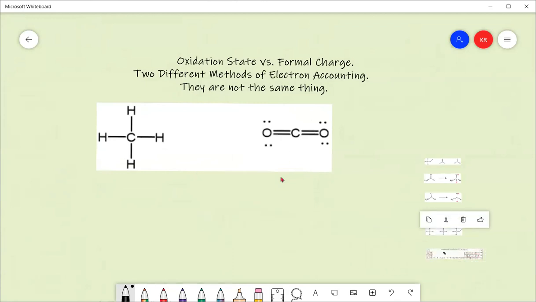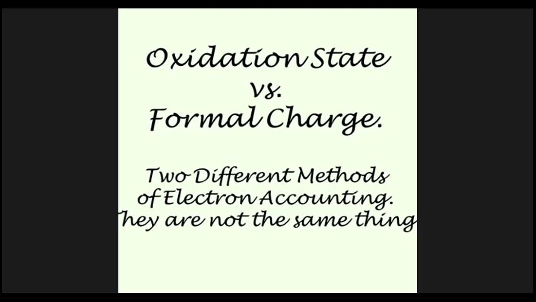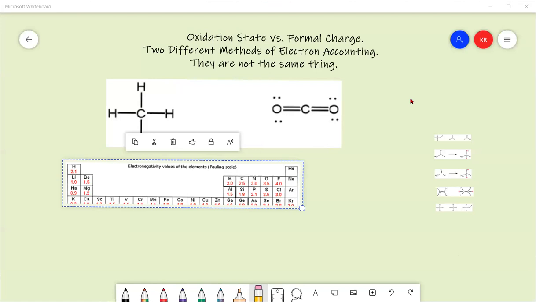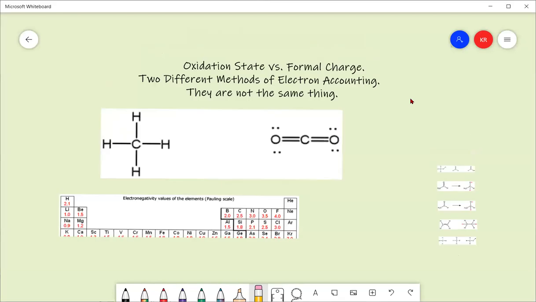Nope, that's not working. All right, let me share my screen again with you here. I've got that figured out. I wanted to pull up this portion of the periodic table.